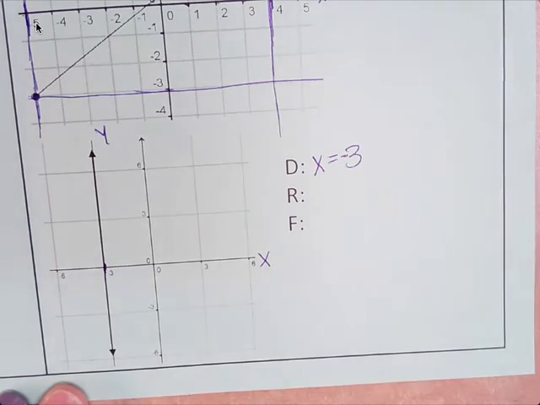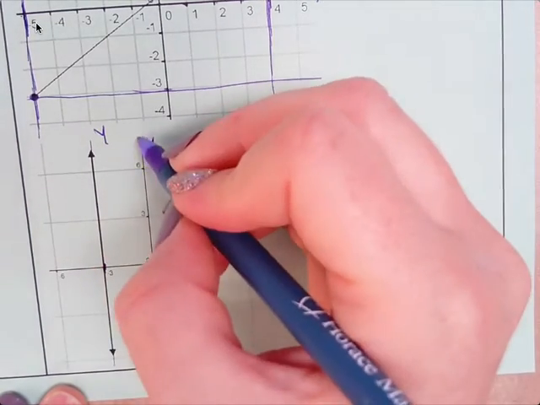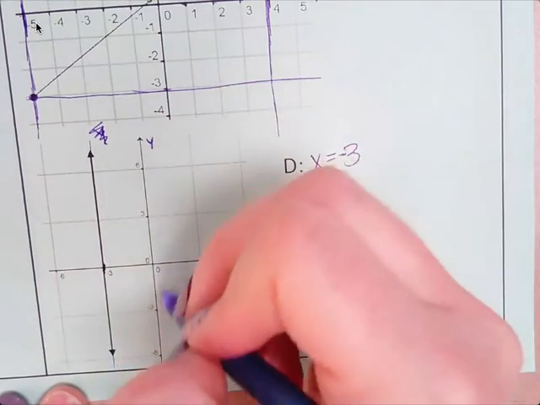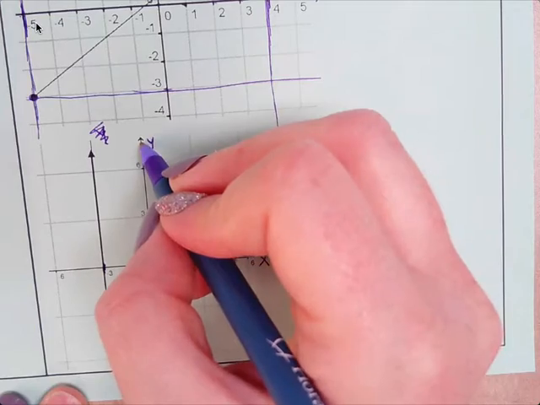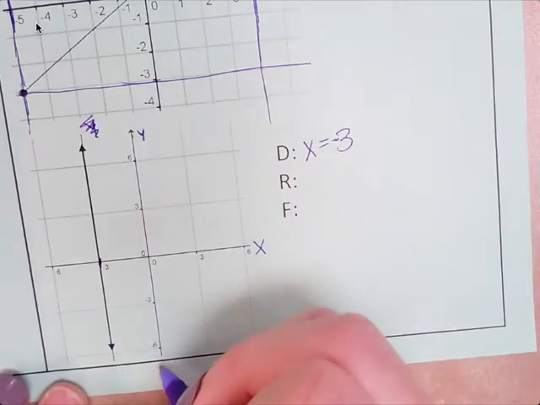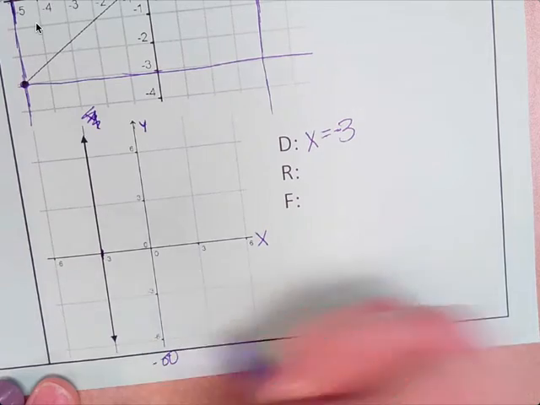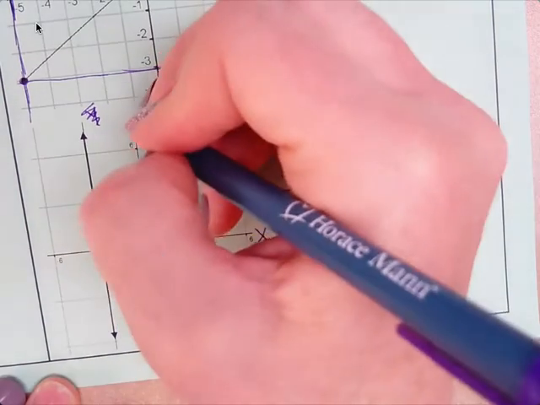Okay, and then our range is our y-axis. How far up can it go? And how far down can it go? This arrow means it's going to go to negative infinity, right? And then how far up will it go?